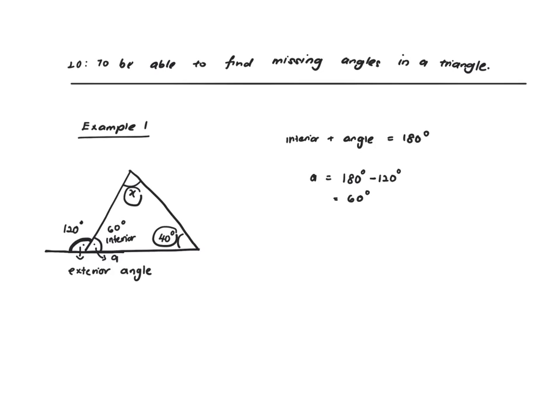So x plus 60 plus 40 would be 180. Let's find out how much 60 and 40 add up to. That will be 100. That equals 180. So what is x? We take 180 minus 100. So x is 80 degrees.